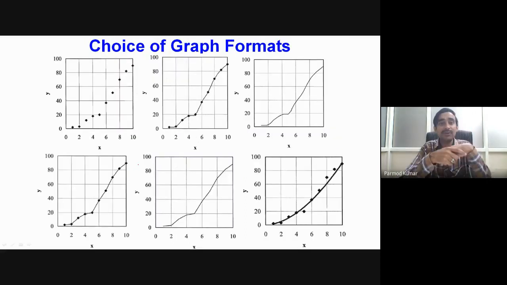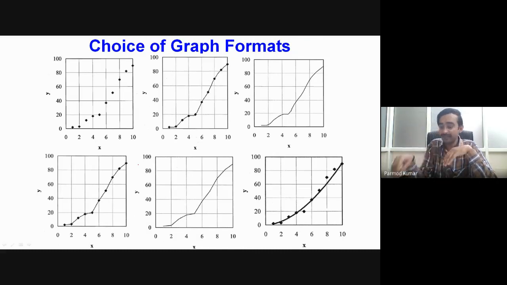Now the next very important topic is the choice of graph formats. If you go through the literature, you will find that a large number of graph formats are available for plotting experimental data.